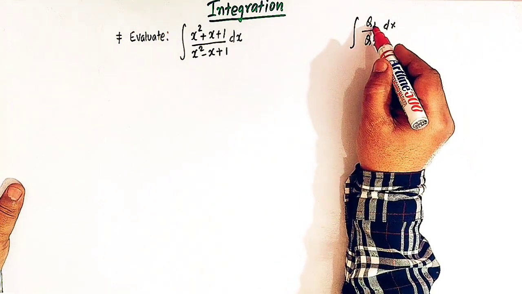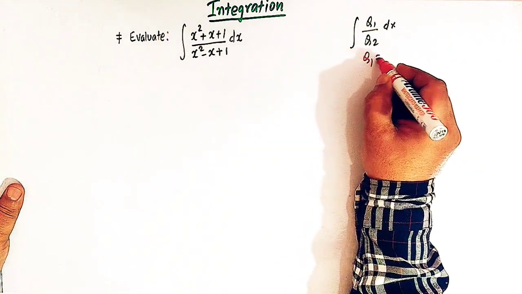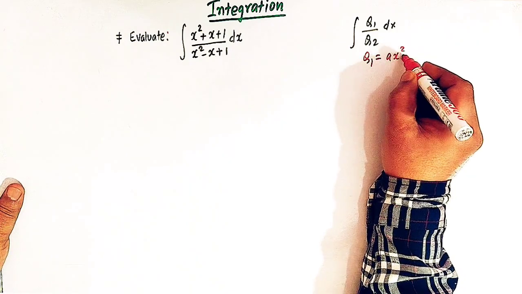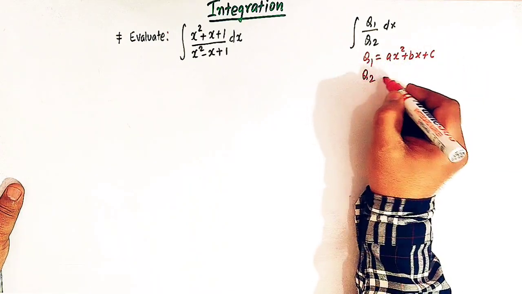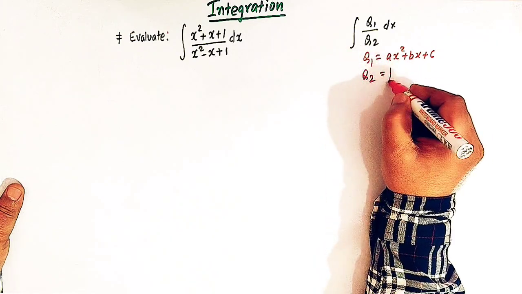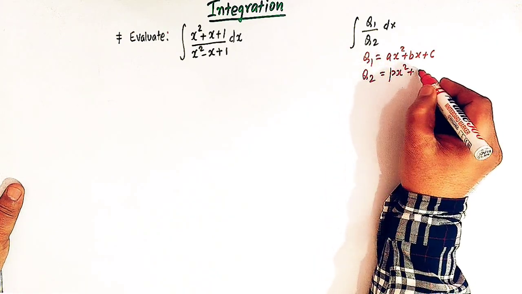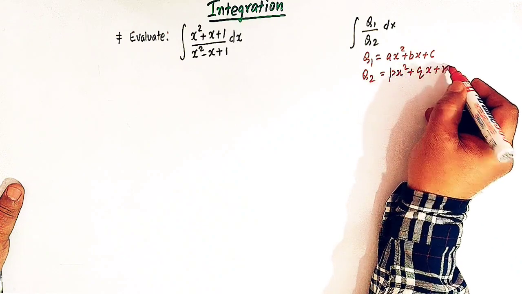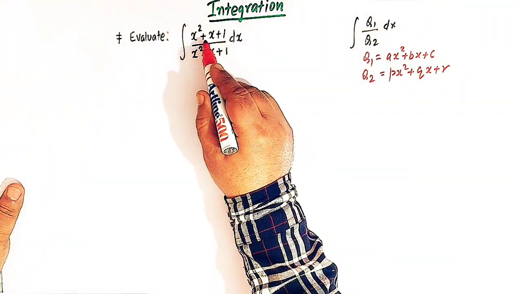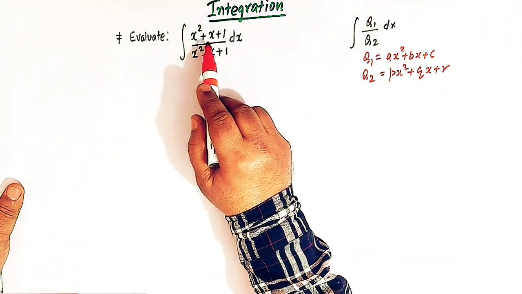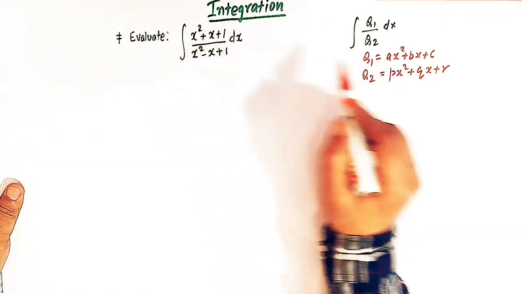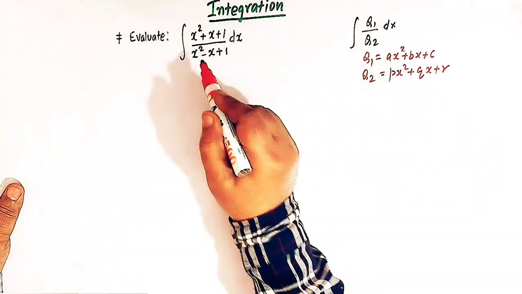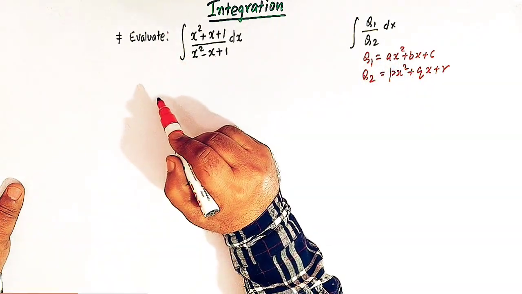So here q1 is of the form ax square plus bx plus c, and q2 is of the form say px square plus qx plus r, right? So here the integrand is having a quadratic polynomial in the numerator and another quadratic polynomial in the denominator, right?